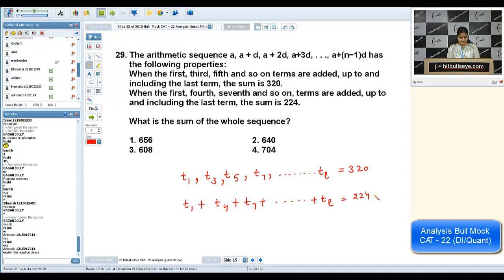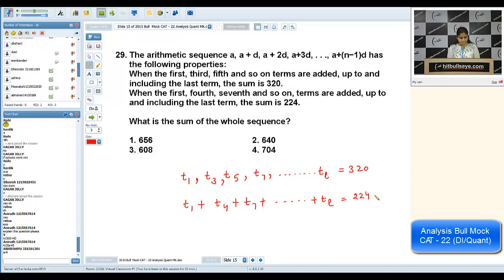Please make it fast. Yes, this is the number of terms divided by 2 into first term plus last term.